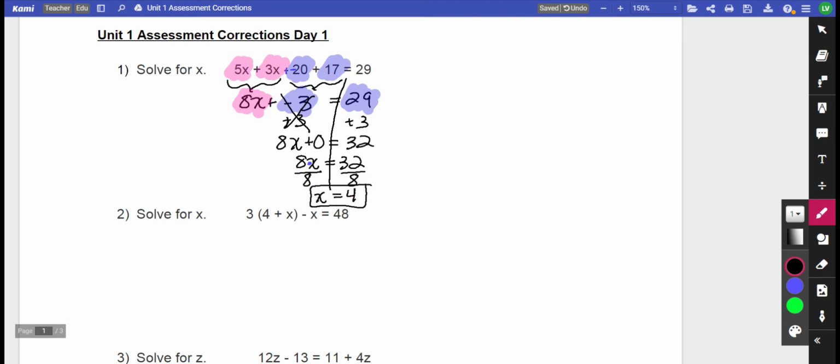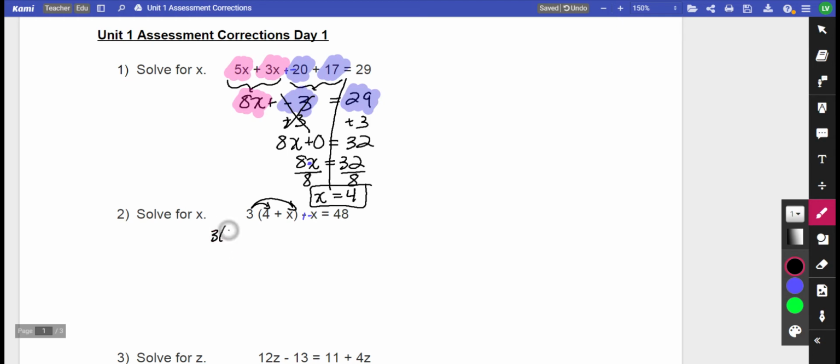Number 2, solve for x. 3 times the quantity 4 plus x minus x equals 48. So I'm going to begin by making this into an addition problem and make it negative x. Then I'm going to distribute my 3 to my 4 term and 3 to x.